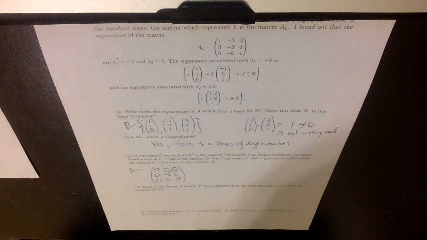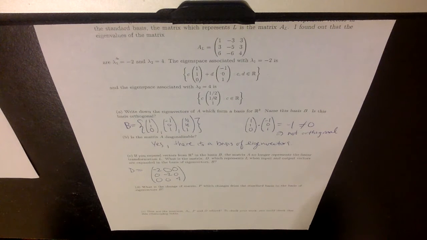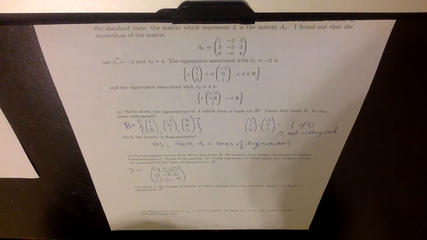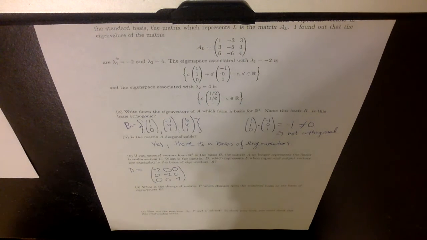Okay, the fourth question asks us, what is the change of basis matrix P, which changes from the standard basis to the basis of eigenvectors B? Another nice thing about the standard basis is that when we're looking for the change of basis matrix from the standard basis to any other basis, all you have to do is smush together the new basis vectors into a matrix, and that's your change of basis matrix.